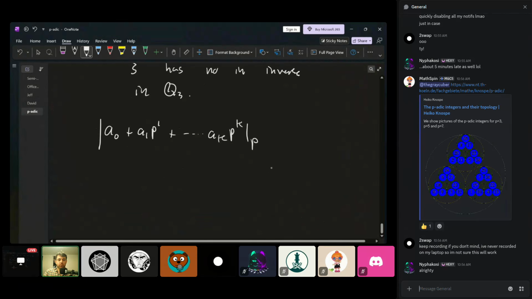Well, this is bounded. This isn't strictly a proof of convergence, but I'm going to say something real crazy in a moment. This is bounded by the p-adic absolute value of each of these individual terms.